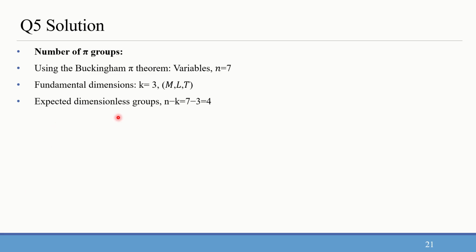Expected dimensionless groups is n minus k, so 7 minus 3 is 4. So we are expecting 4 dimensionless groups.